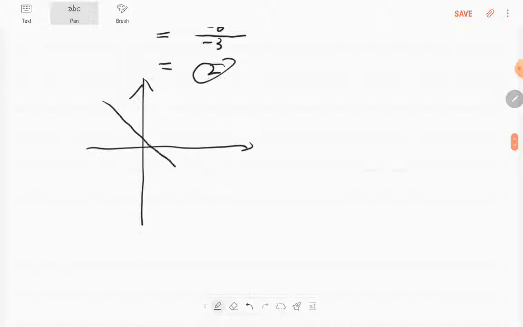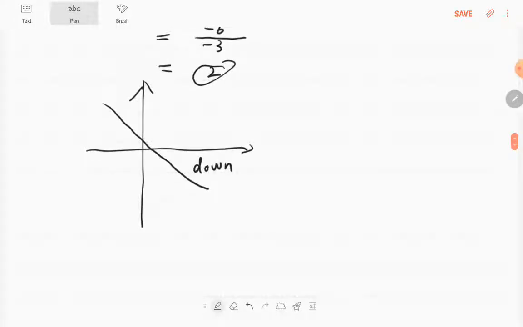If this is our straight line and the straight line goes down, then the slope is negative. Negative slope goes down.